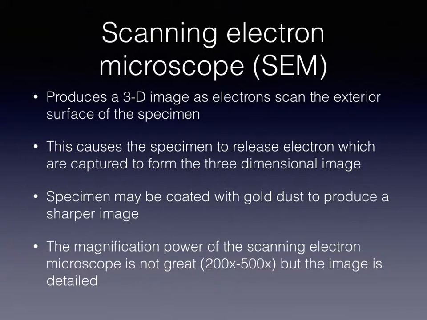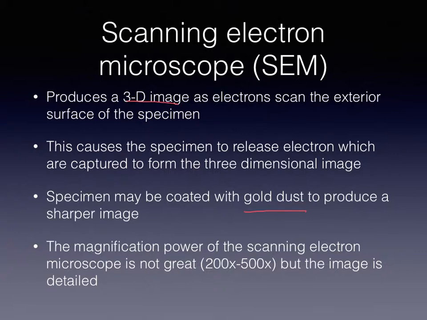Scanning electron microscope, also known as SEM. It produces a 3D image as electrons scan the exterior surface of the specimen. This causes the specimen to release electrons, which are captured to form a three-dimensional image. Specimens may be coated in gold dust to produce a sharper image.